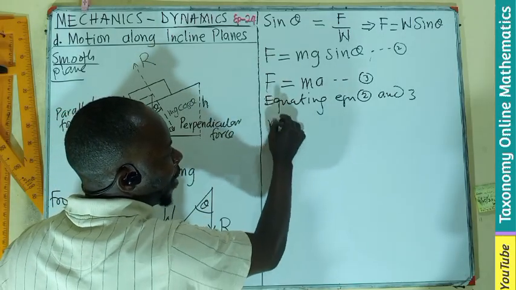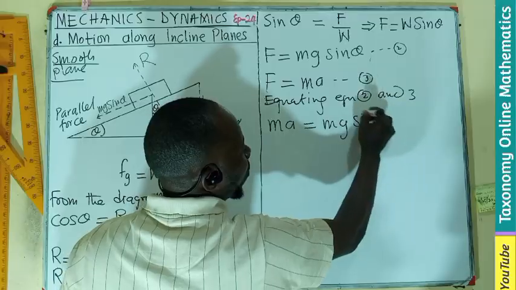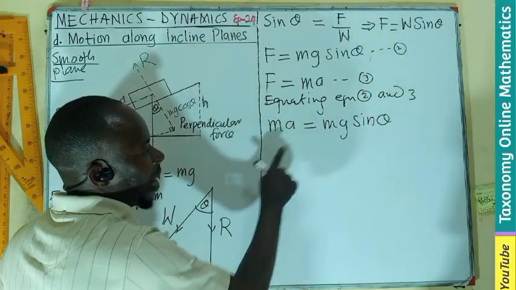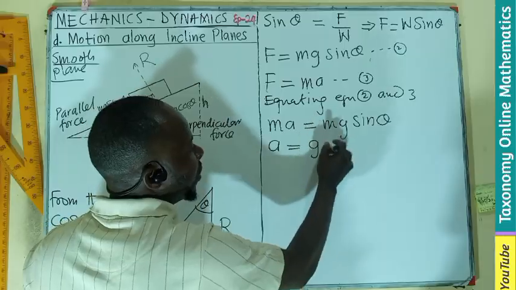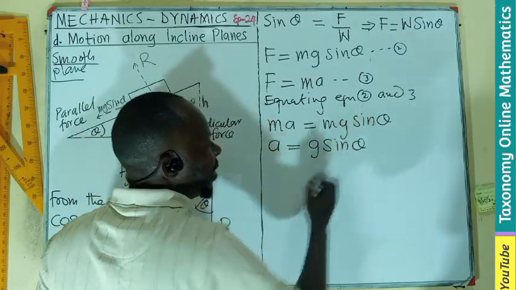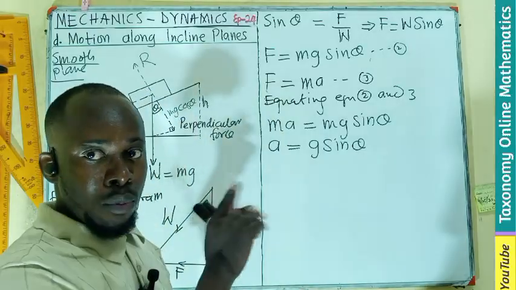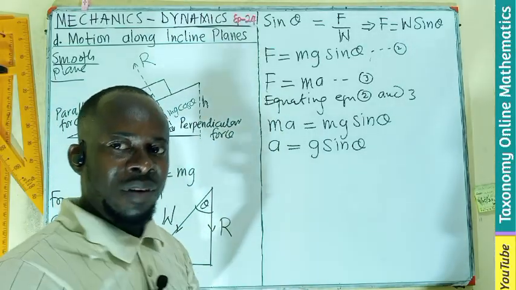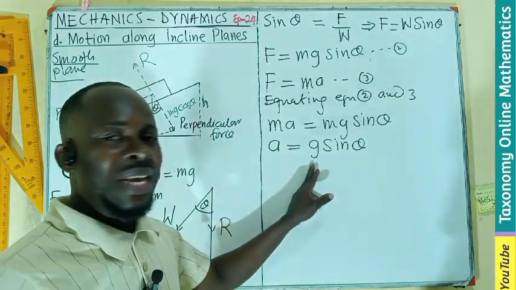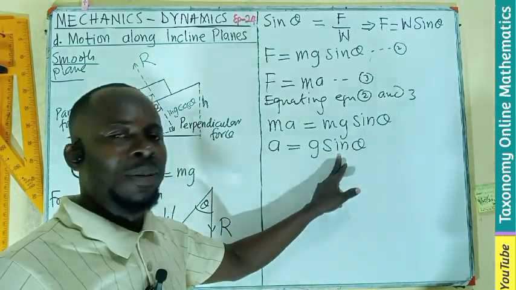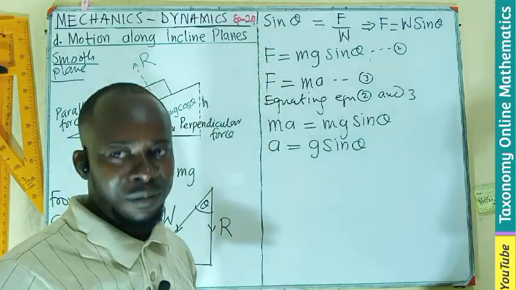I can say that MA equals mg sine what? Theta. Whereby m is common, so the acceleration is going to be g sine what? Theta. So if I'm looking for the acceleration, remember you're talking about motion, the acceleration of the body as it is moving down is going to be the force of gravity times the sine of the angle the inclined plane makes with the ground.